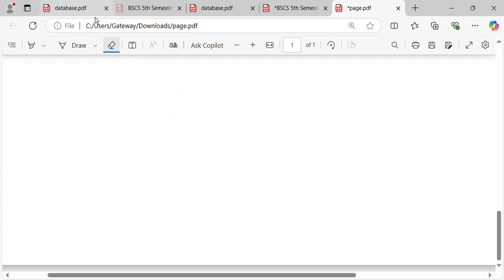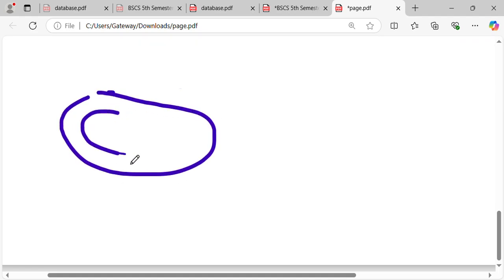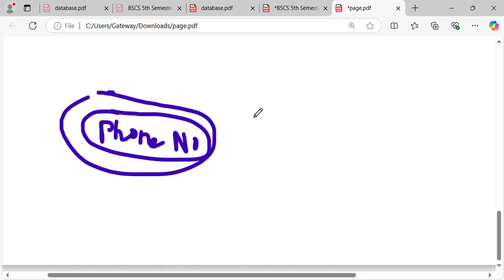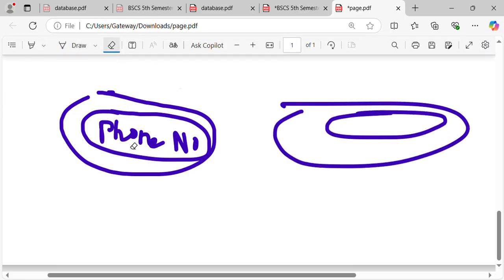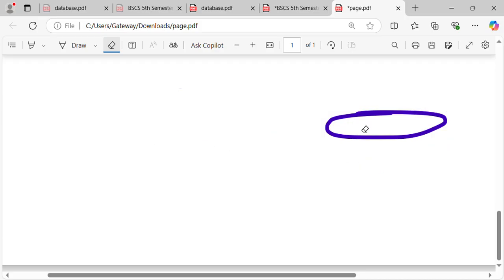We can have a multi-valued attribute, right? An attribute that can hold multiple values. For example, a phone number, represented using two ovals, one inside of another, because a phone number can be multiple, or emails, because we can have more than one email stored. So that's multi-valued attributes.